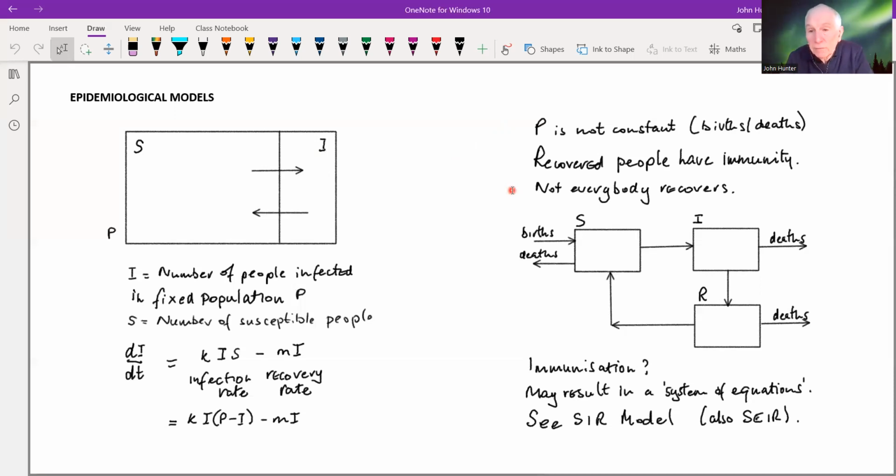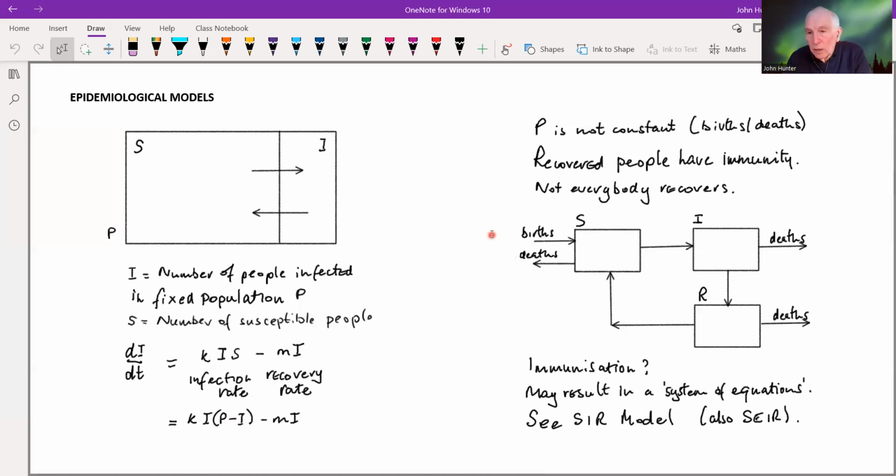Some people actually die as a result of the infection, and then once people are in some kind of recovery immune period, they may die during that period as well. We've not taken into account immunization either in here, so there are a few things we can do to make it more accurate, but obviously in the process of doing so, we're making it more complicated.